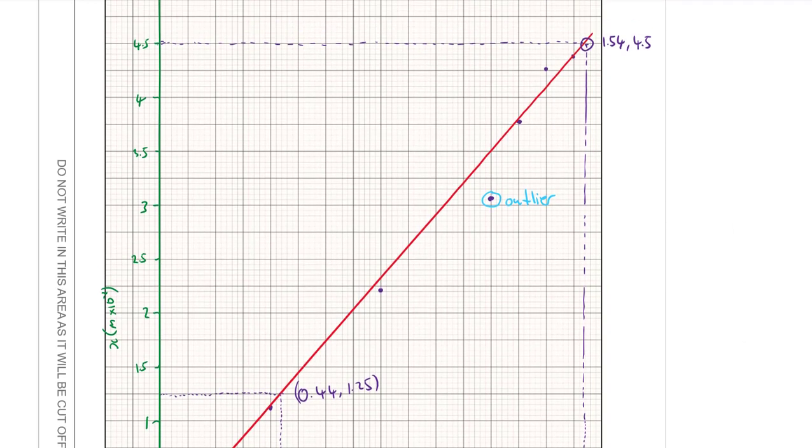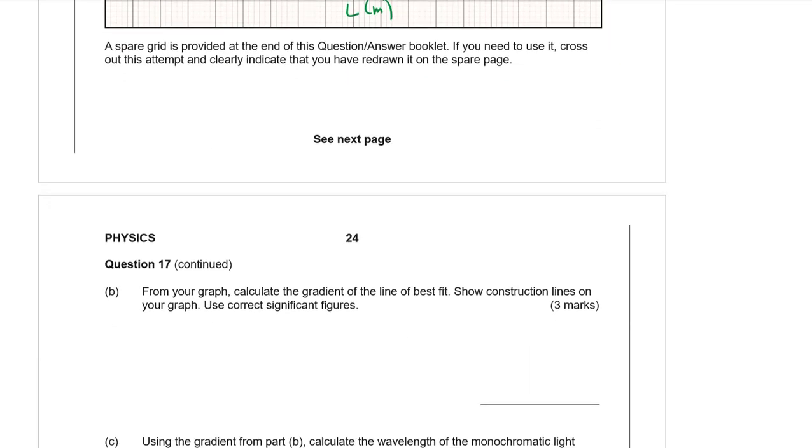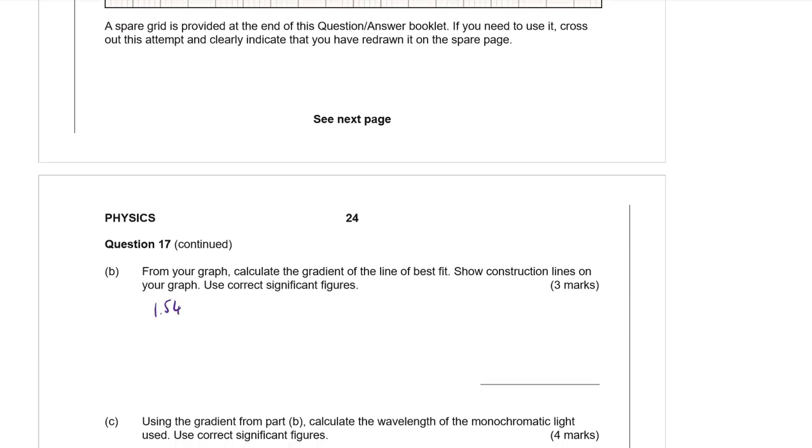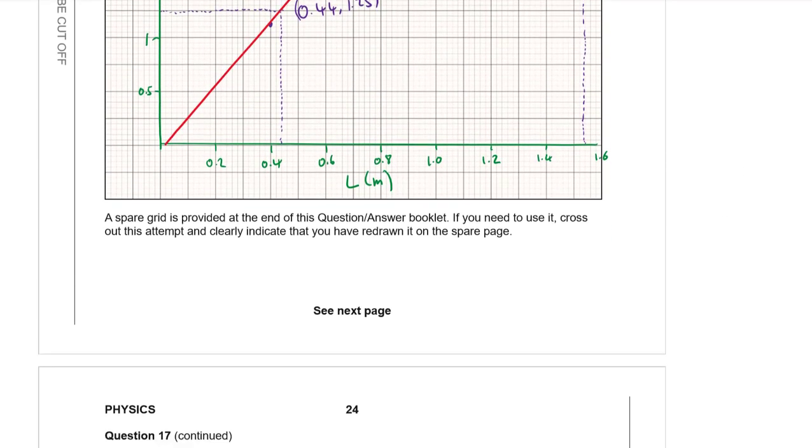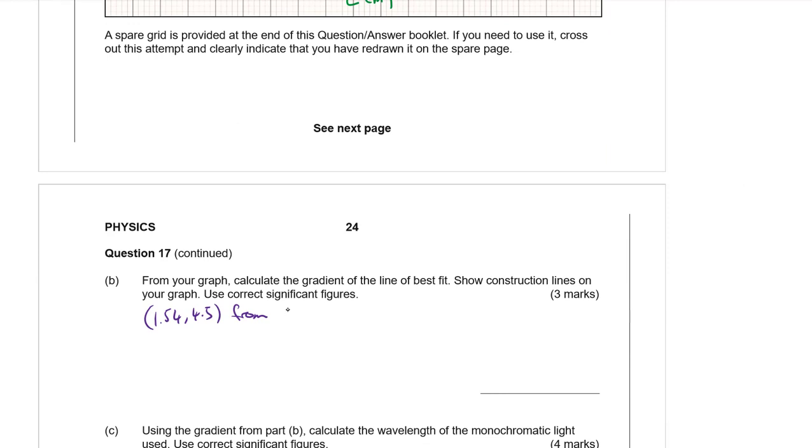But you can see that I've got 2 sets of points, and I now just need to start calculating the gradient. So 1.5, 4.5, that's the first one, and that came after 0.44, 1.25. So my gradient is going to be the rise over run.